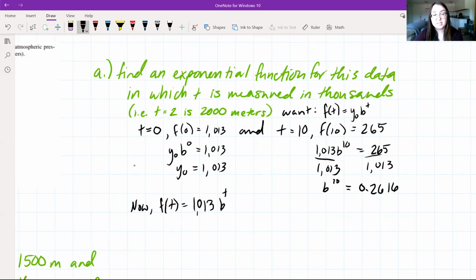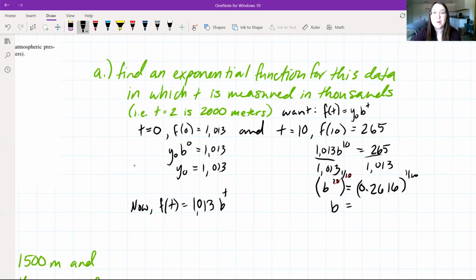So now, since we want to simplify to get to b instead of b to the 10th power, we're going to do the same thing as we did before, and we are going to raise each side to the power of 1 divided by 10. Since these exponents will now cancel and we'll be left with b, we want to find 0.2616 to the 1 divided by 10th power.